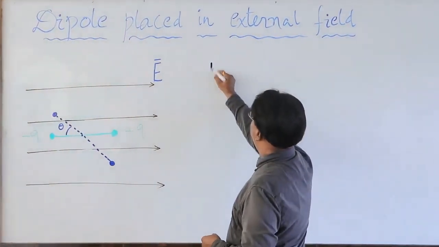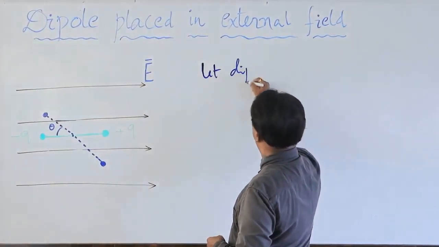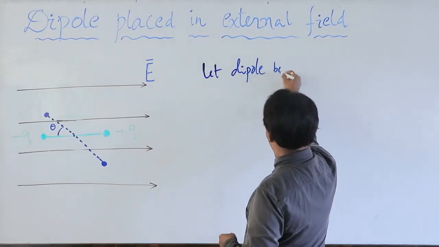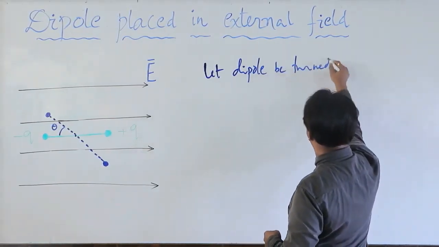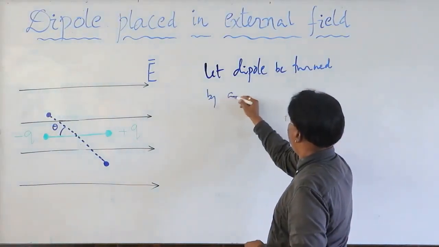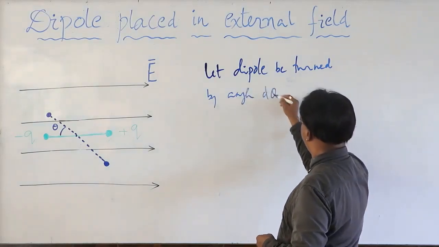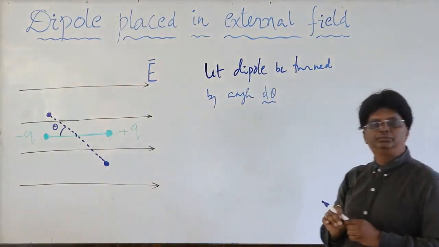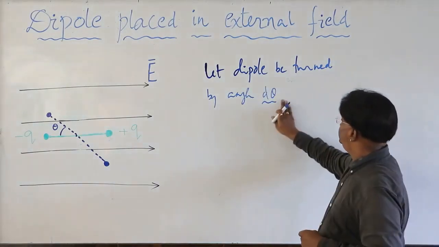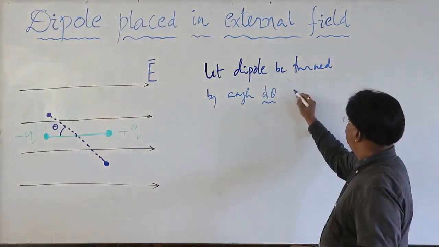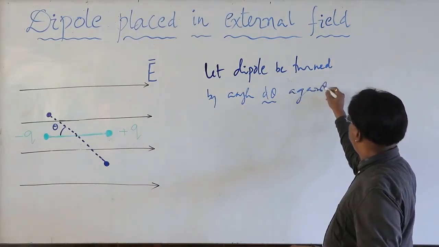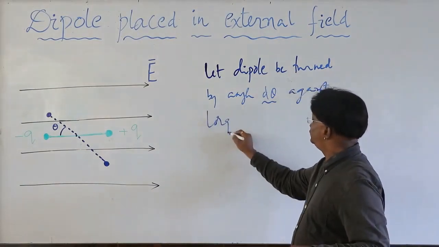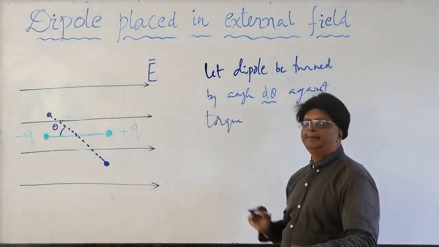Let the dipole be turned by an angle d theta against torque, a small angle I am taking.